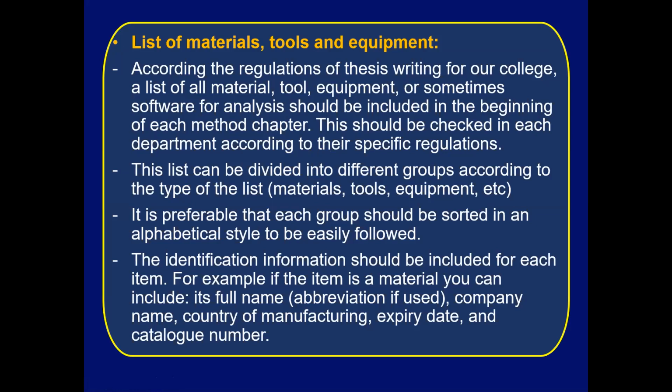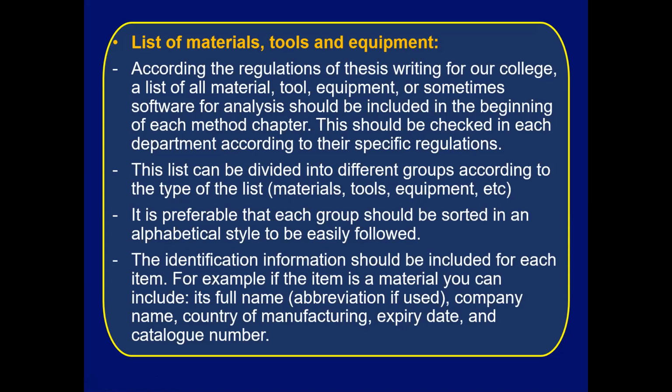There is a list of materials, tools, and equipment that you use according to the guidelines of different universities, or if you are going to publish a paper, you have to follow the guidelines of those journals, or of the thesis regulations of your university. For example, in our university, according to the thesis writing regulations, the list of all materials, tools, equipment, or sometimes the software for analysis should be included at the beginning of each method chapter.